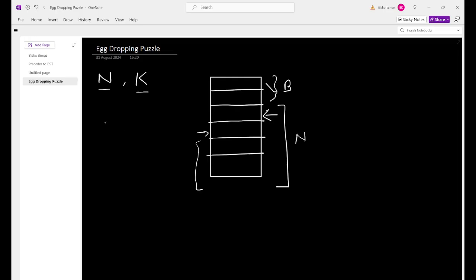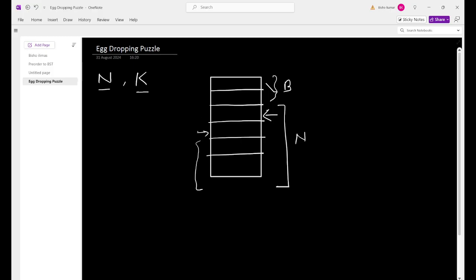So what will be the approach to solve these problems? Let's understand. Here, what is the meaning of n? You are given n eggs, and by using them you need to find the floor from which, if you drop the egg, it will not break, and above which it will break.